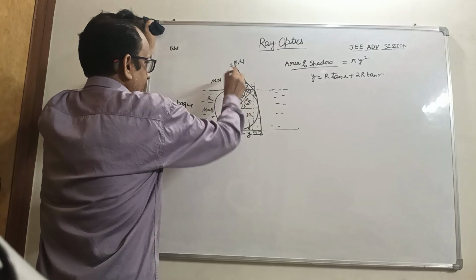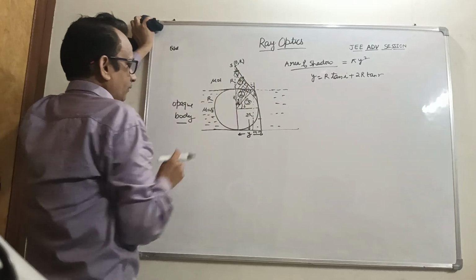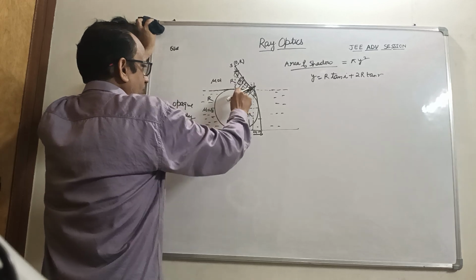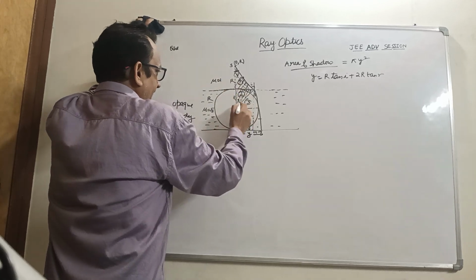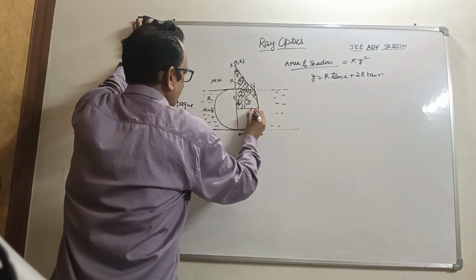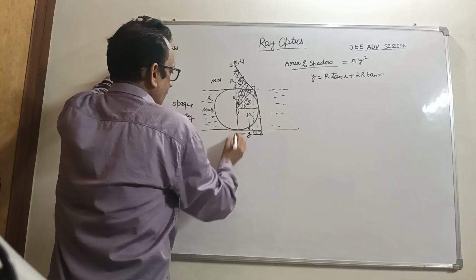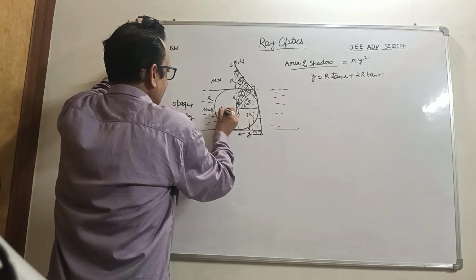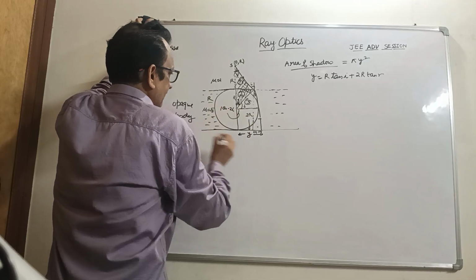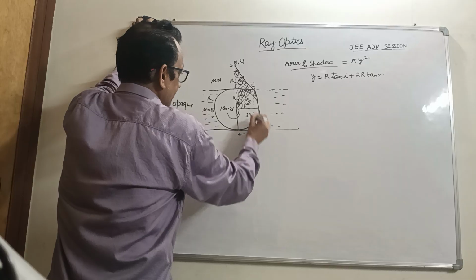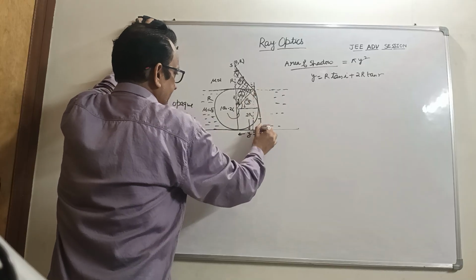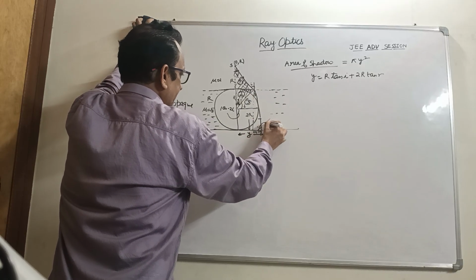So 1 is congruent with 2 and 2 is congruent with 3. So this becomes i equal to i. So we can write here, this would be 180 minus 2i, and this is r, so this would be 90 minus r.